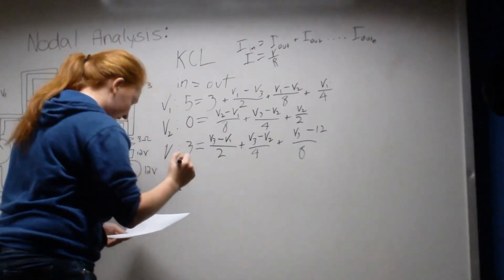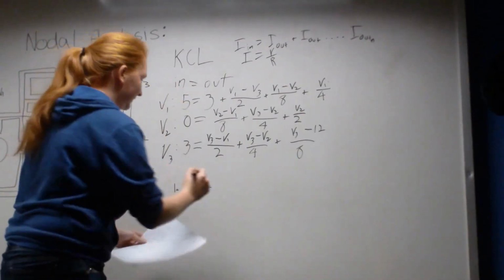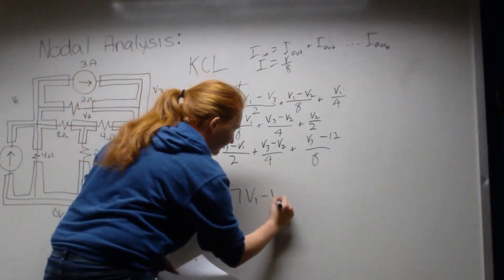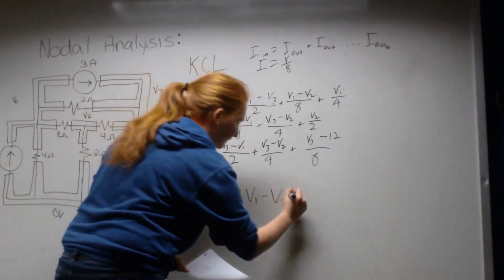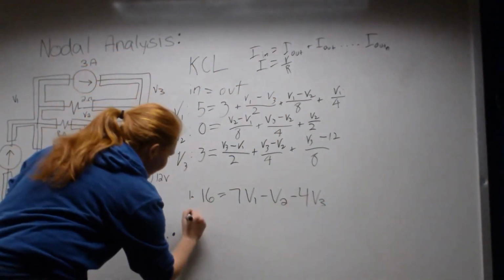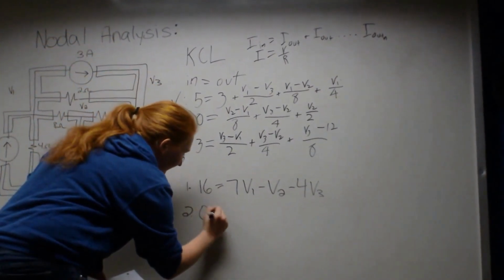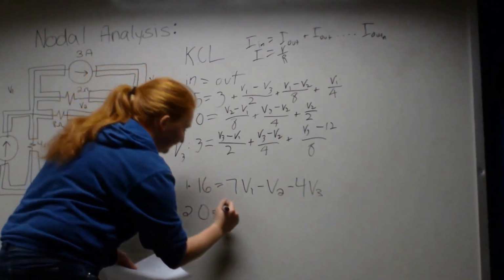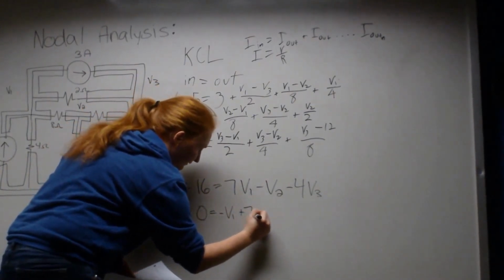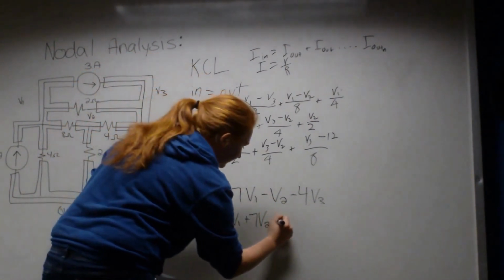Your first one is 16 equals 7 V1 minus V2 minus 4 V3. Your second equation is 0 equals negative V1 plus 7 V2 minus 2 V3.